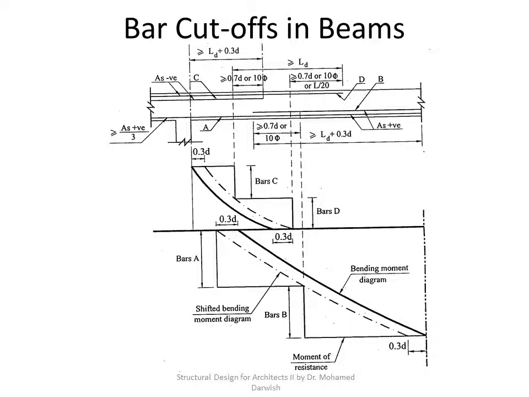If you look at this very busy diagram, there is a very important concept here related to the development length, LD, of 0.3 plus 0.3 D, and in some cases only LD, which is the overlap between the upper reinforcement and the lower reinforcement, and the distance from the point at which you don't need the upper reinforcement anymore to the real end of this upper reinforcement. This is how you will understand this diagram, which is taken from the code.